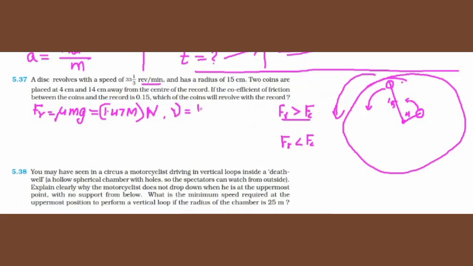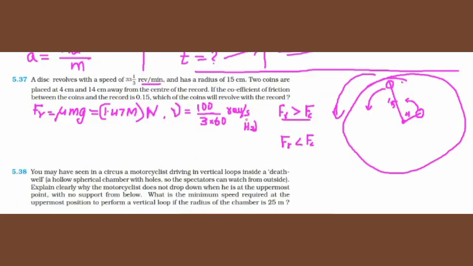So that is 100 by 3 into 60 revolution per second. Revolution per second means it is SI unit, hertz.